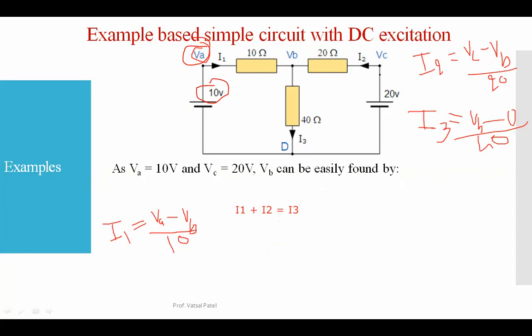So now if you put 10 volt and 20 volt of VA and VC into your previous equation, can we identify the VB?